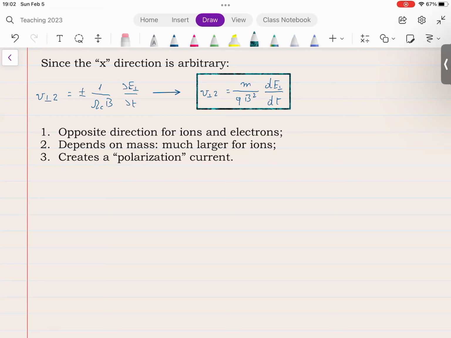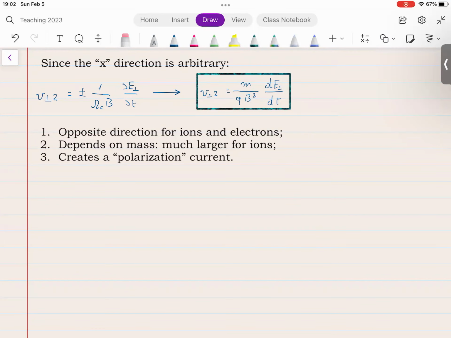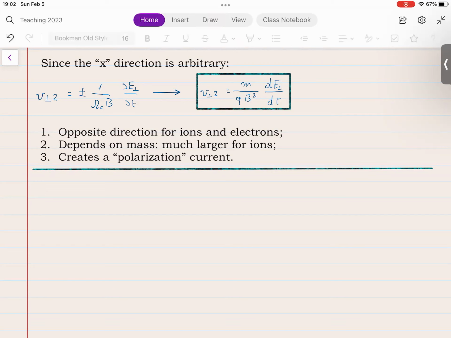This is not the end of the story. There is definitely more that can be done, but hopefully by now you're getting the general idea of how to proceed in this type of problem.